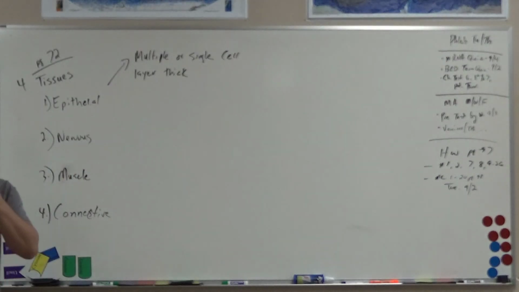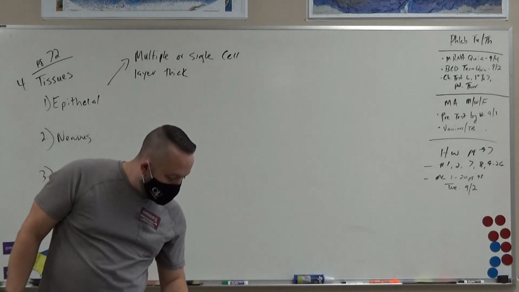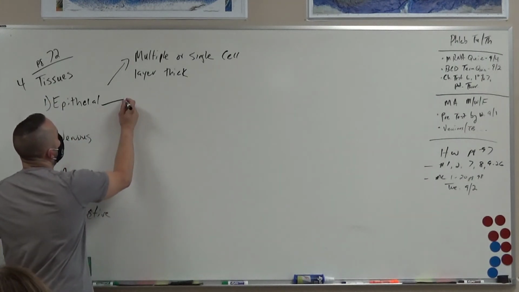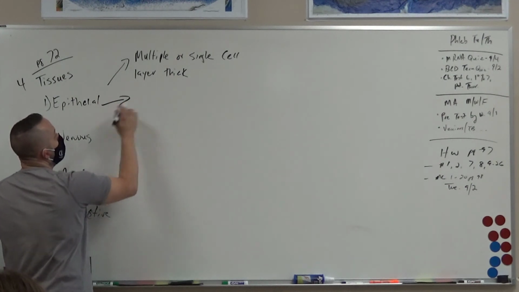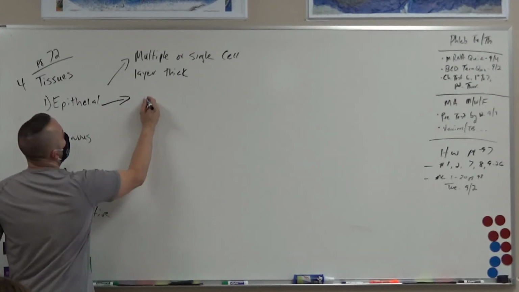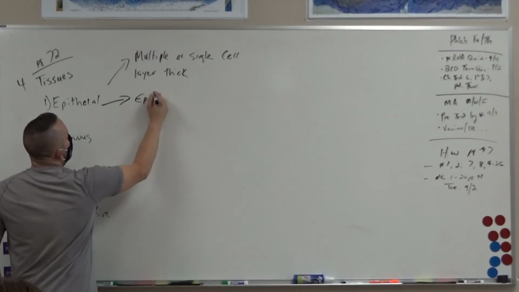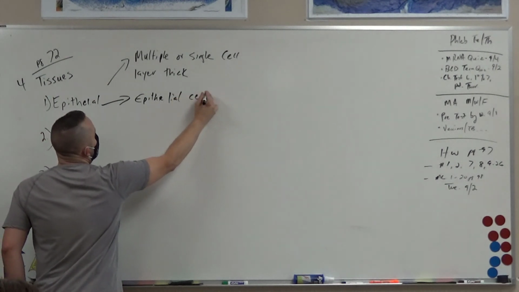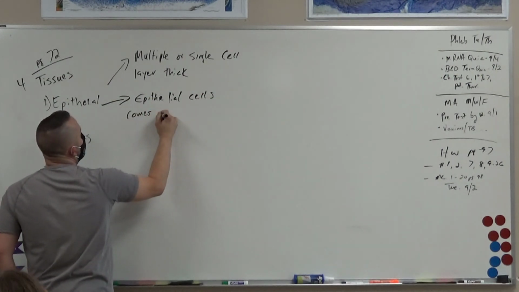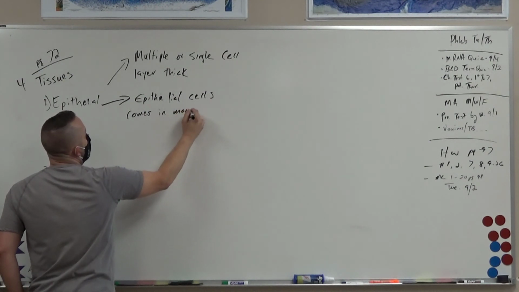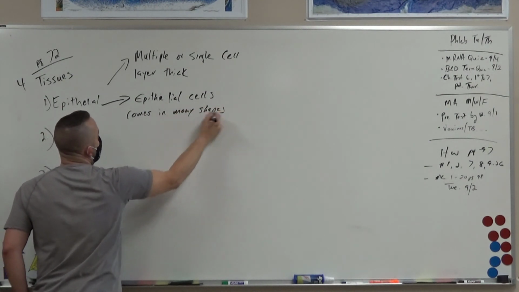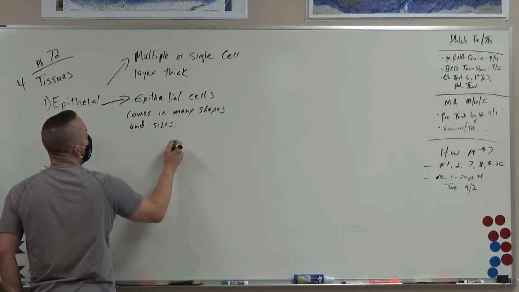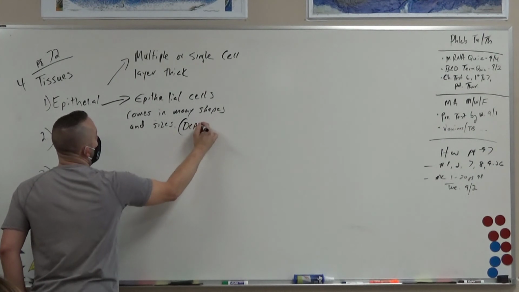These are characteristics of epithelial tissue. Epithelial cells come in many shapes and sizes. It depends on their job.